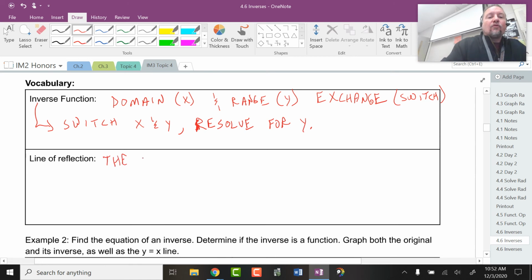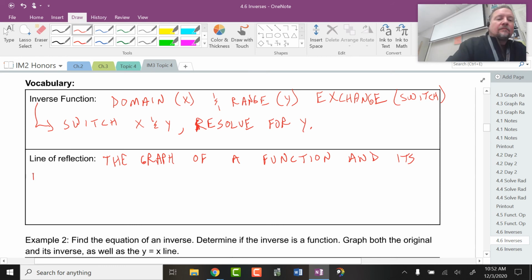All right, and I'm going to take a long definition on this one. The graph of a function, and we'll see this in every example today, and its inverse are always symmetric with respect to the y equals x line. This is a better definition than some of my other shorthand ones.